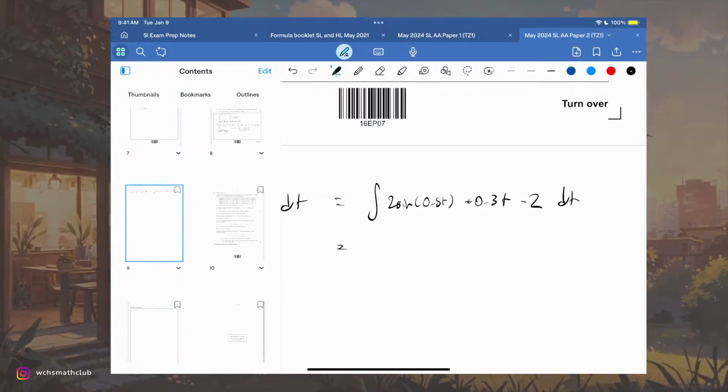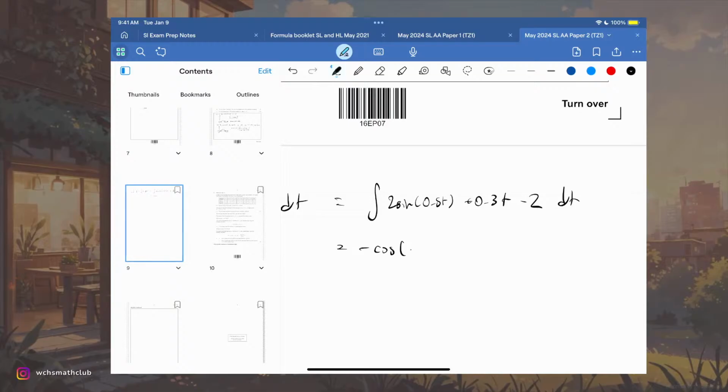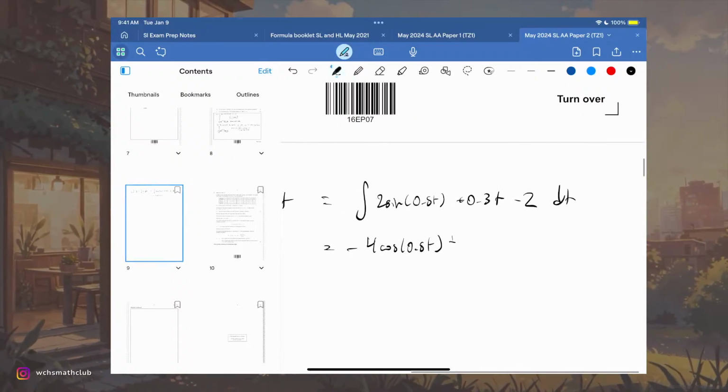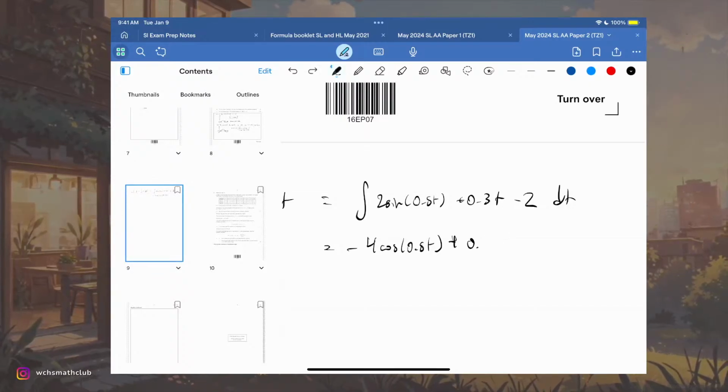And then we can solve this integral to be negative cosine of 0.5t. Oh, looks like I dropped a 4. So negative 4 cosine 0.5t, and then plus 0.15 t squared minus 2t, and then plus c, of course.